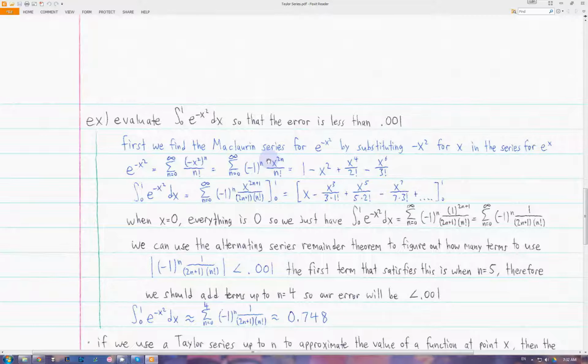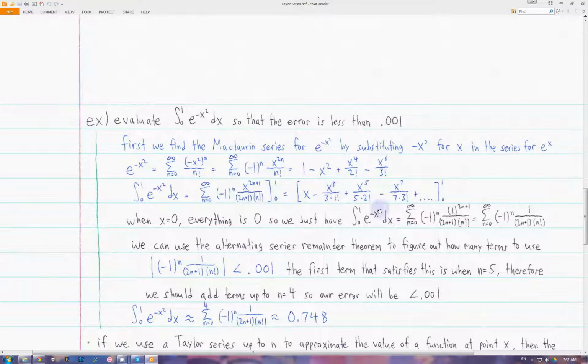Next, we can integrate this. Integrating, we raise the power by 1 and then divide by the new power. And we have this from 0 to 1, and the expansion looks like this. So we have this evaluated at 1 minus this evaluated at 0.